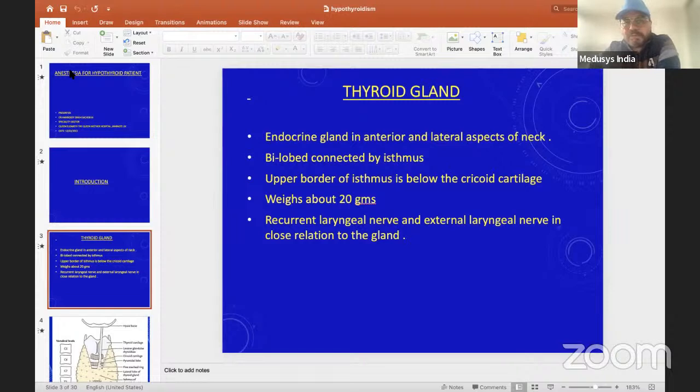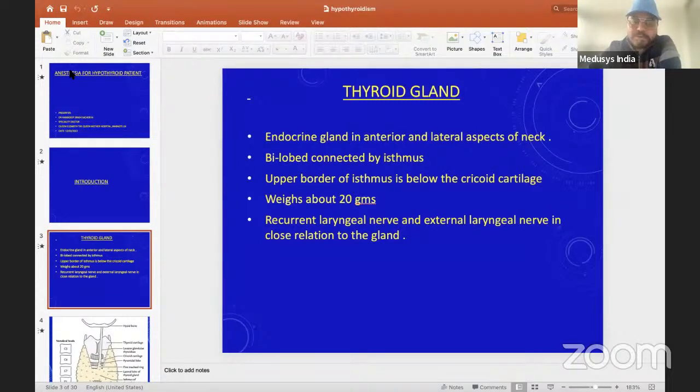Because with a thyroid case, you can get two different types of scenarios. You may get a question in which you have to give anesthesia for a patient for thyroidectomy, either for a thyroid nodule, CA thyroid or goiter.